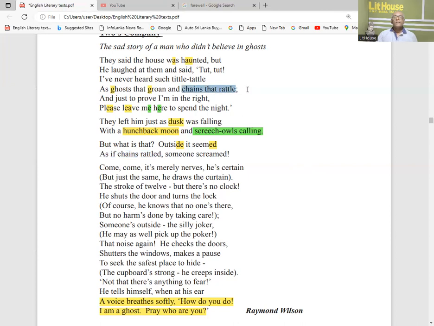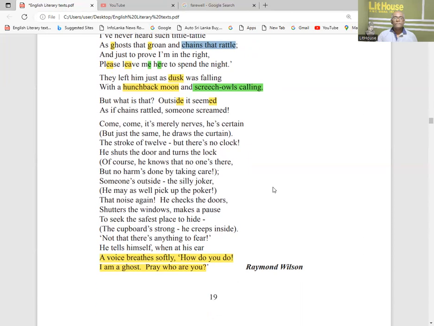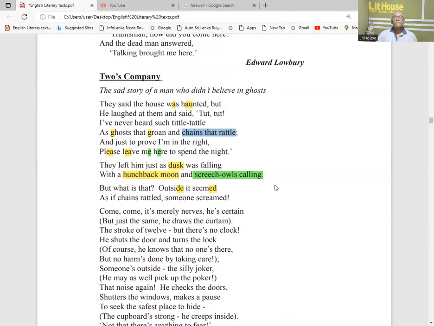The chains that rattle. It's also an onomatopoeic example. Clattering of iron chains. Onomatopoeic words, imitating sounds.